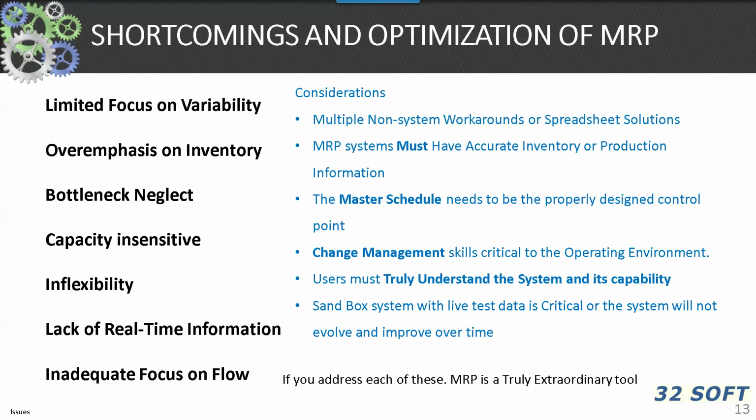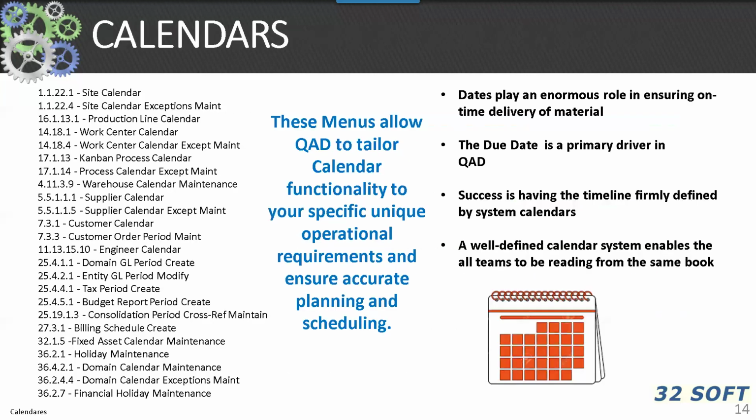Change management skills are critical in the operation. We'll talk about that. And users must truly understand the system and its capability. Lots of education. A sandbox system with a test database and live production data is critical, or the system will disintegrate rapidly.